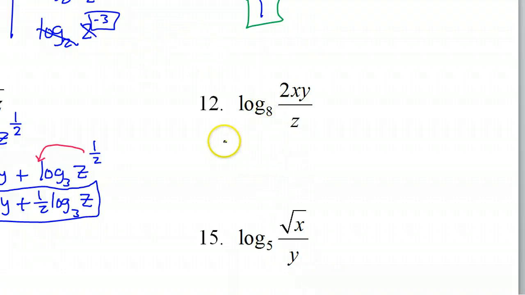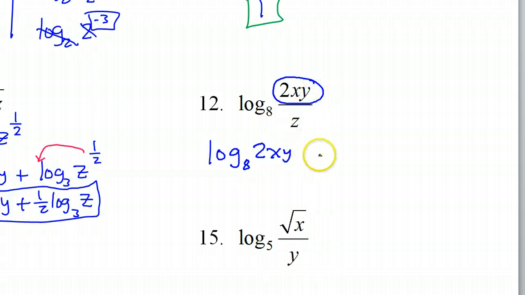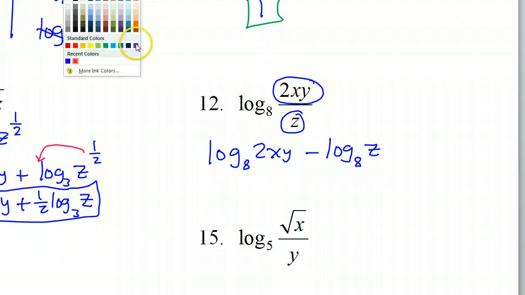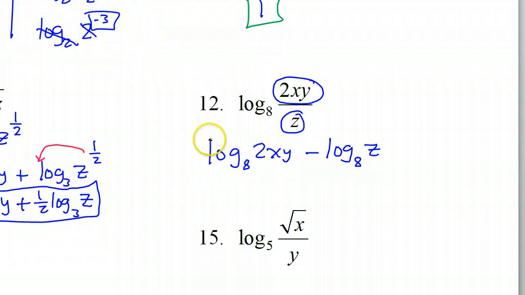So we're going to do log base 8 of 2xy, alright, that's the a part, minus log base 8 of z, that's the c part, the a and the c. Now, this part right here will have to be expanded further. I think I'll just use purple, because this part has a product in it.